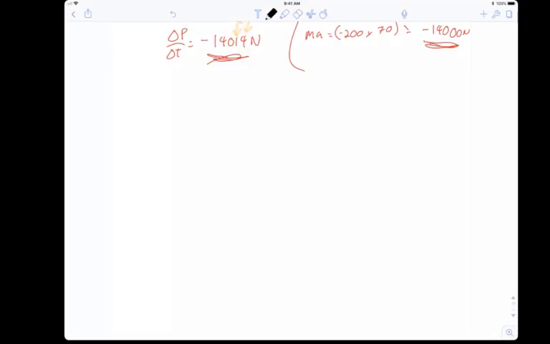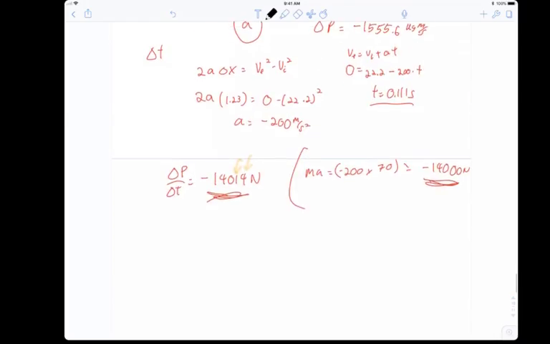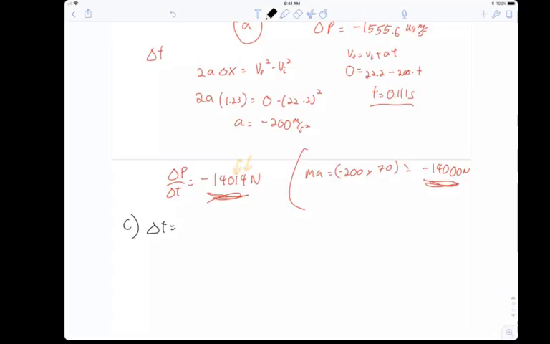If the driver were not wearing a seatbelt and flew forward until he hit the steering wheel, he would be stopped. So C. What if delta T instead was 0.0145 seconds? Okay, by the steering wheel on your noggin. Compared to this, that's fast, but it's 10 times slower than this.